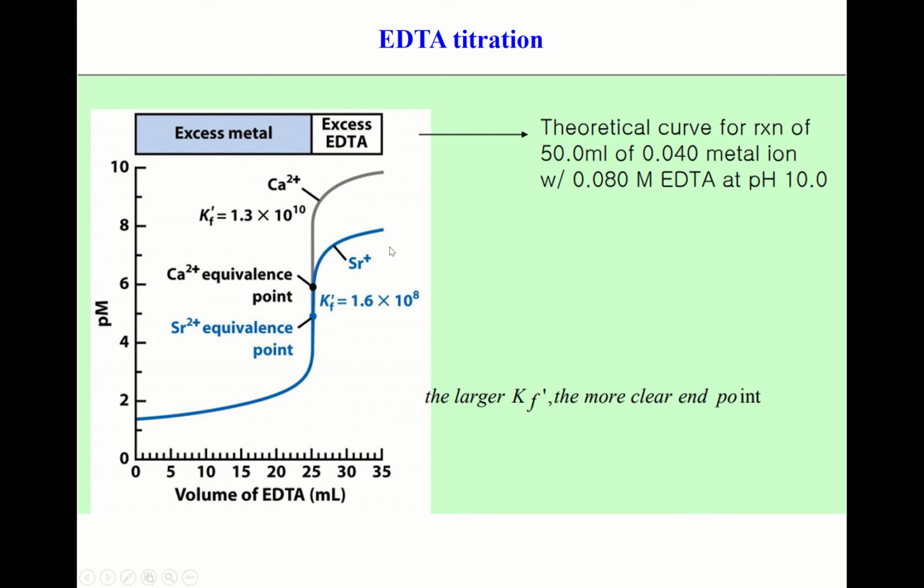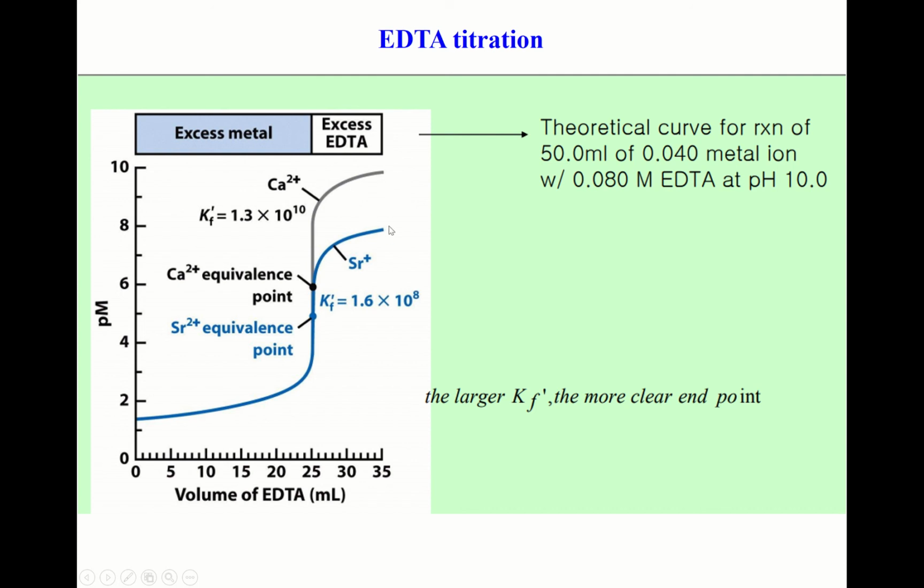We can apply the same concept here. As we expected, the pM value, the p metal value, increases slowly, and then suddenly increases quite a bit around the equivalence point, and after passing the equivalence point the increment becomes slower again. This is the titration curve.